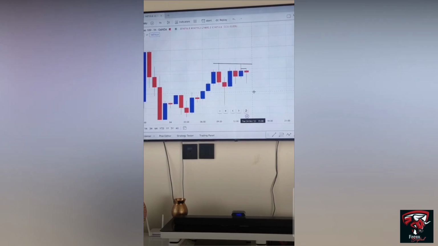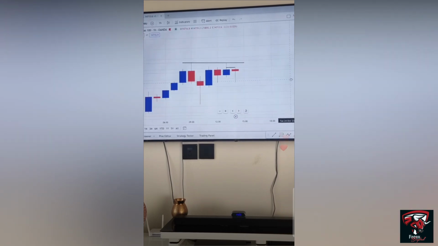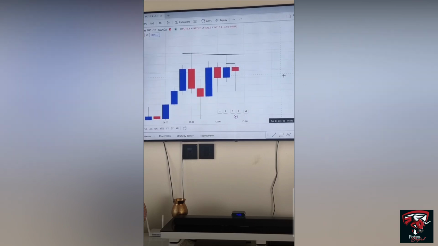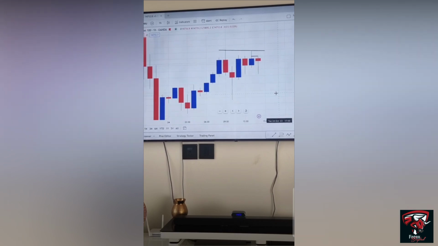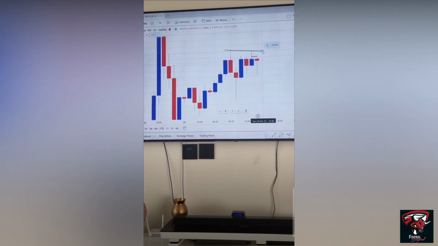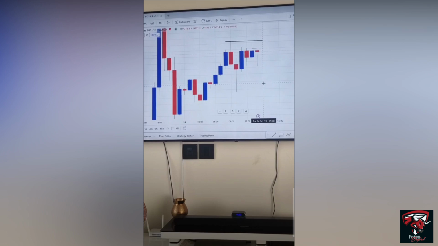So, I'd be buying. I would be buying. Buying though. If it to unprotect that high in order to get in on a sell and protect the high that they create.